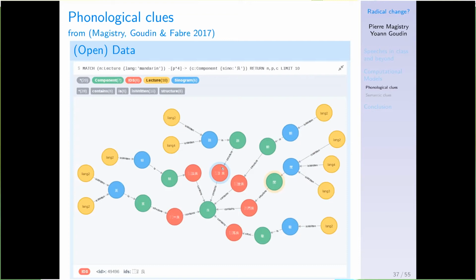But we rely a lot on data that has been provided and worked on by other teams, especially the data for decomposition by the Chise project, and some lexical data from the Ministry of Education in Taiwan, which allow us to build some lexical graphs that go from the basic component to its composition to another component, which may be a sinogram or not. And if it's a sinogram, it may have different readings.